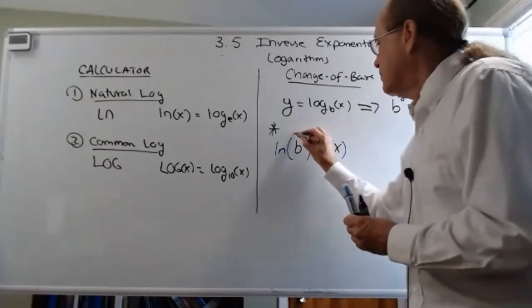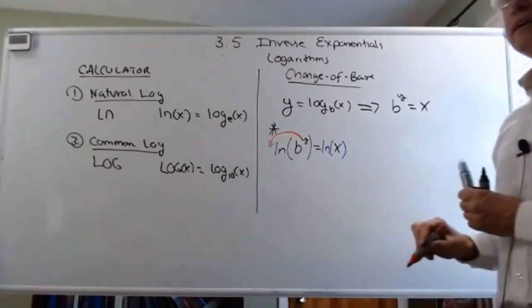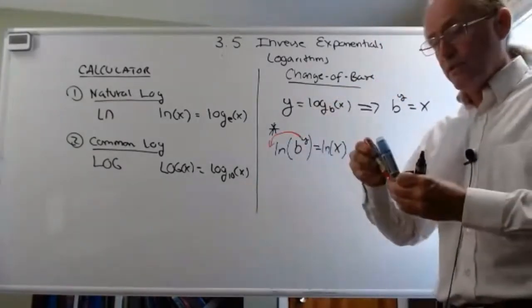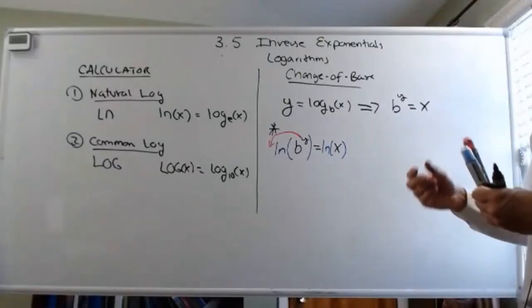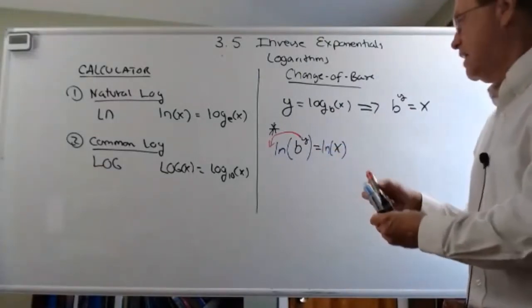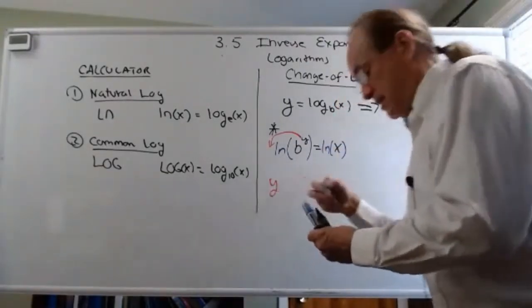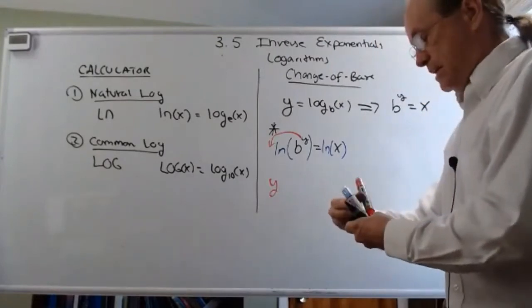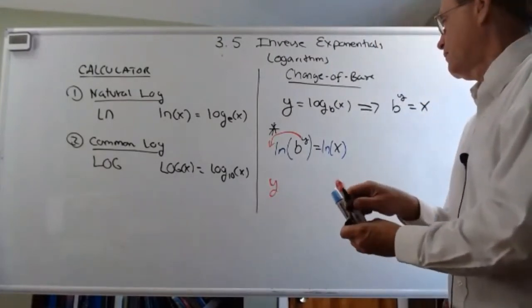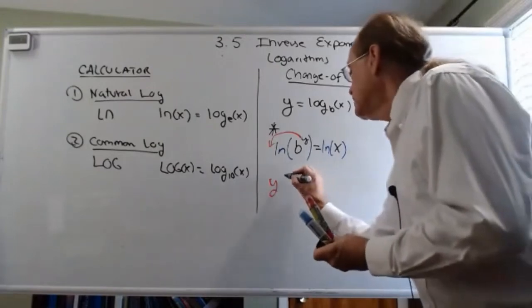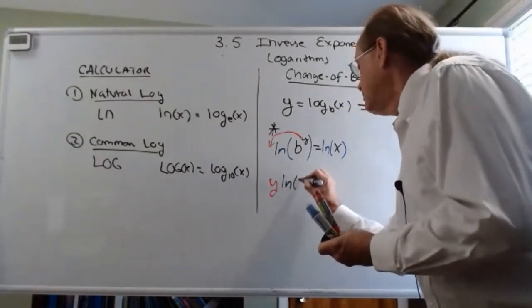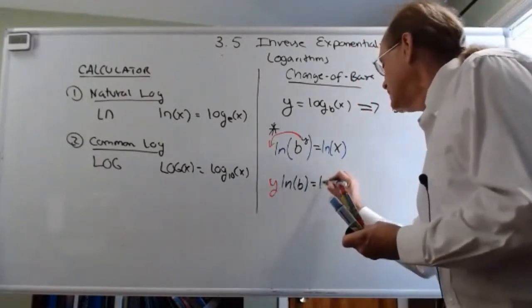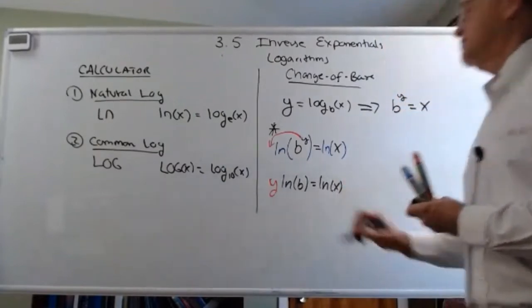Some of you may remember this as a property, and we'll prove it later on, but we need some more tools to do that. So I can rewrite this now as y times the natural log of b is equal to the natural log of x.